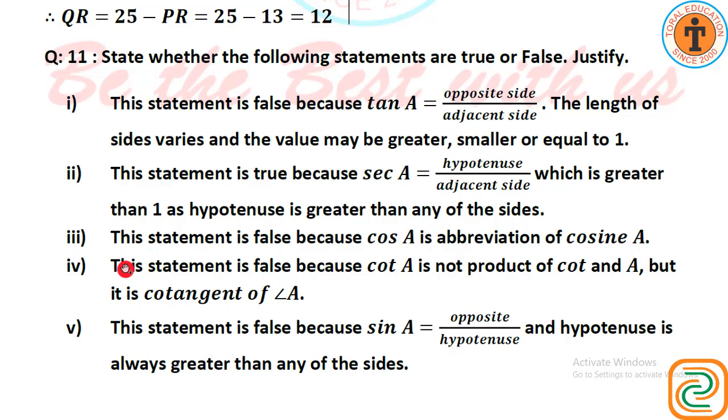Third one: cos A is the abbreviation used for the cosecant of angle A. This statement is false because cos A is the abbreviation of cosine A, not cosecant A. The abbreviation of cosecant A is cosec A. Number 4: cot A is the product of cot and A. False again.